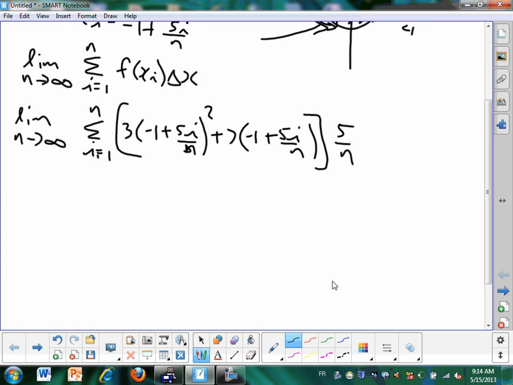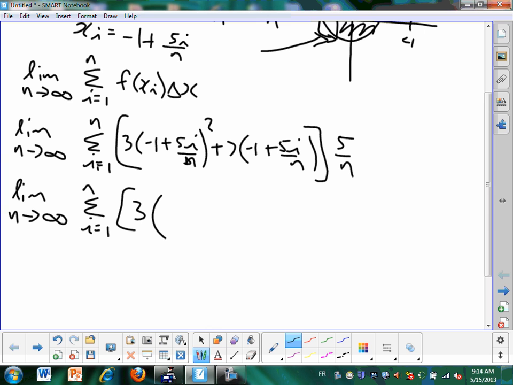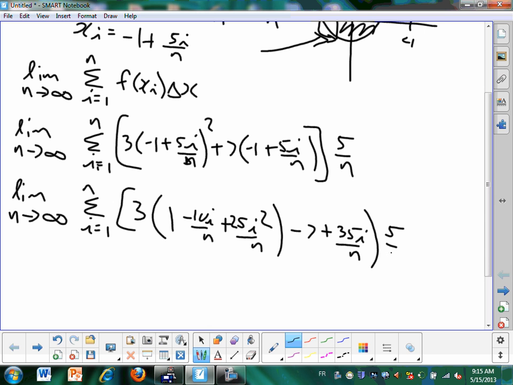Now I need to multiply some of this stuff out. Hopefully our algebra isn't too bad. We'll see how mine is. -1 times -1. How am I doing so far?